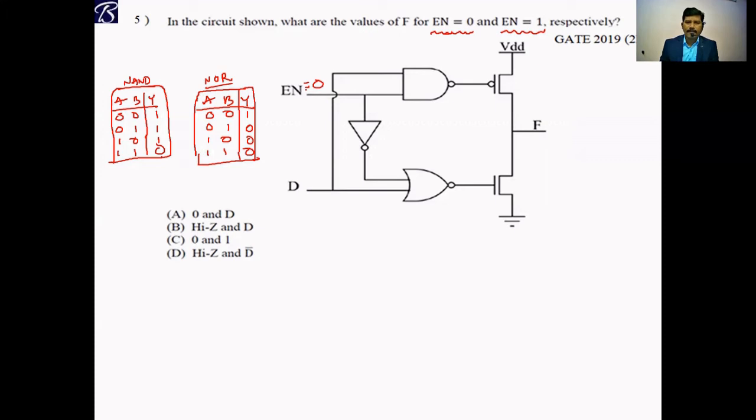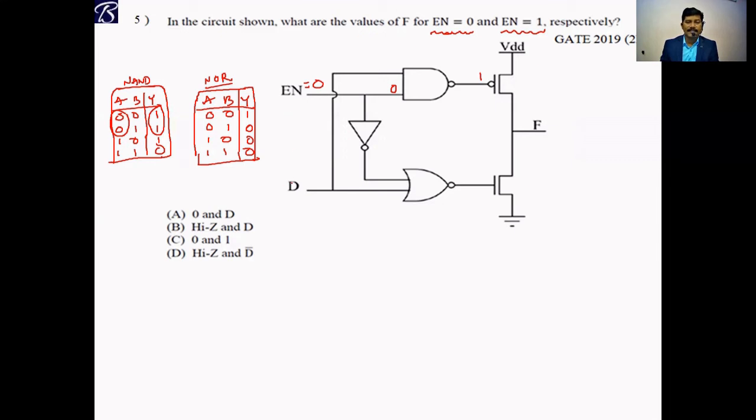So whenever it is 0, what is the output here? This is disabled. That means when one of the inputs is 0, the output is always 1 only. So it is compulsory 1.